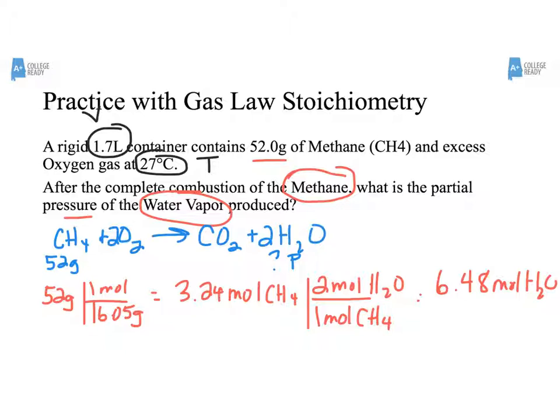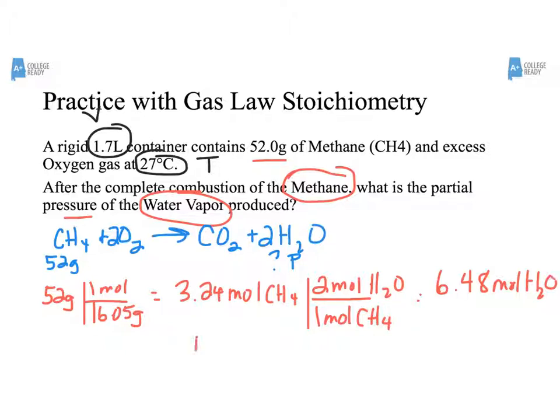Now the question is, what's the pressure of that water? What are the 3 things we know? We know the moles of the water, we know the volume of the container, and we know the temperature, and therefore we're going to be able to calculate the pressure.